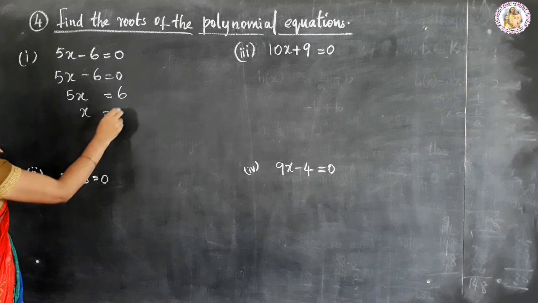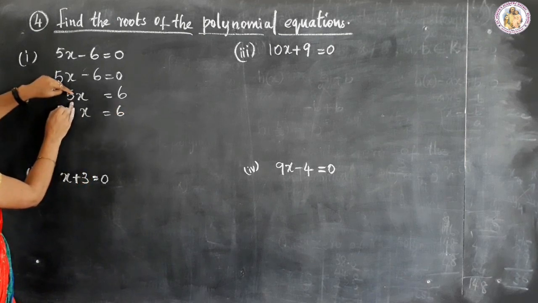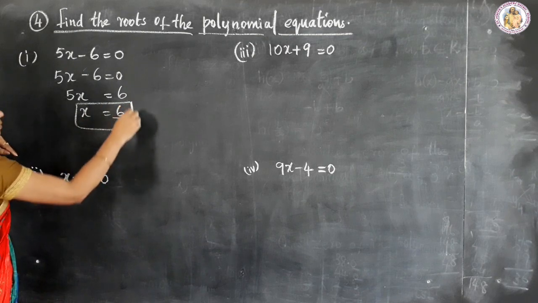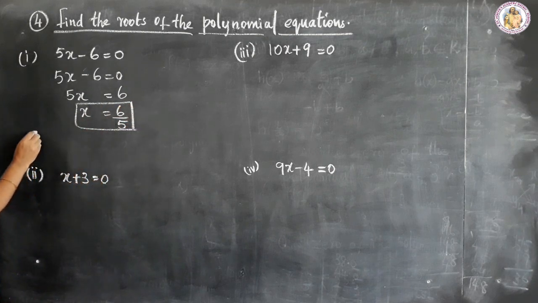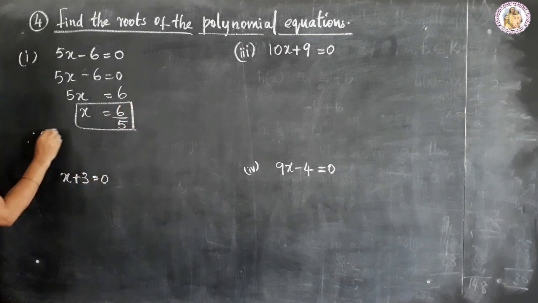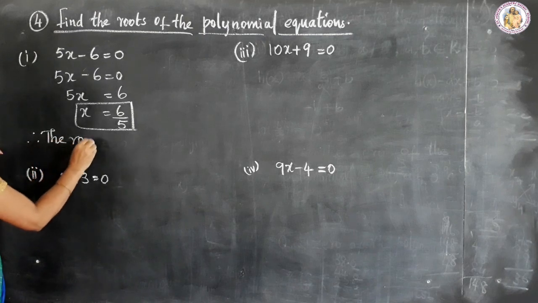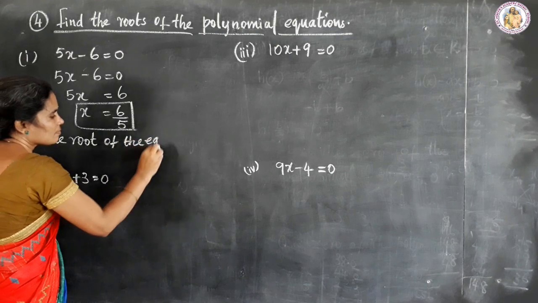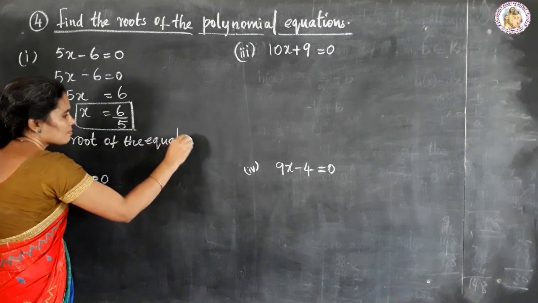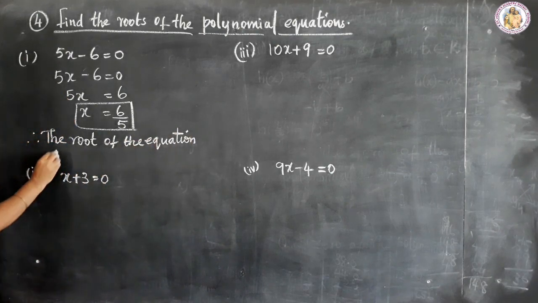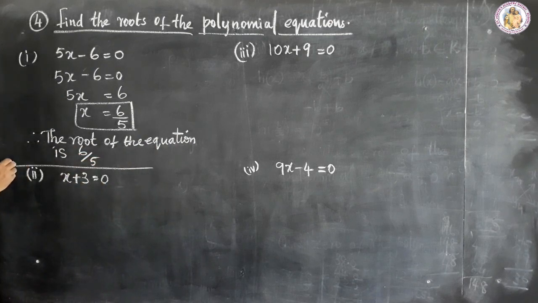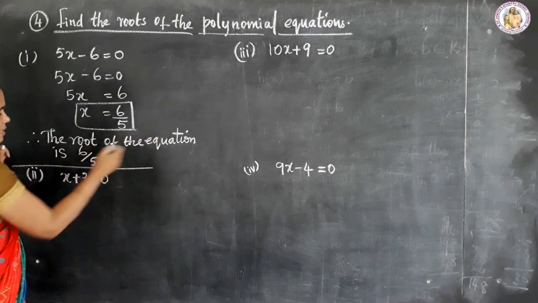So 5x is equal to 6. So it is divided by 5. So x is equal to 6 by 5. So therefore the root of the equation is 6 by 5. Otherwise, root of the polynomial is 6 by 5.